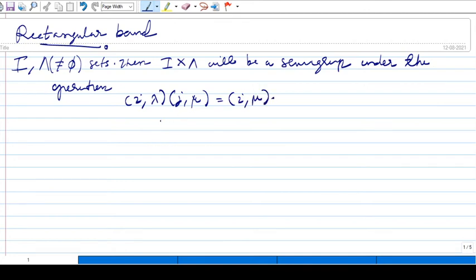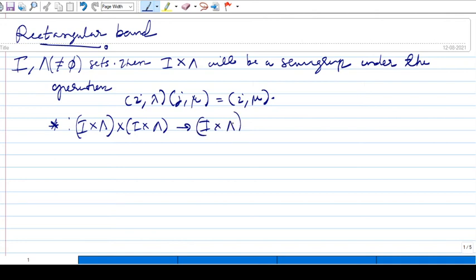So look at the definition. In I × Λ, what do we have to define? We have to define a multiplication * from (I × Λ) × (I × Λ) to I × Λ.